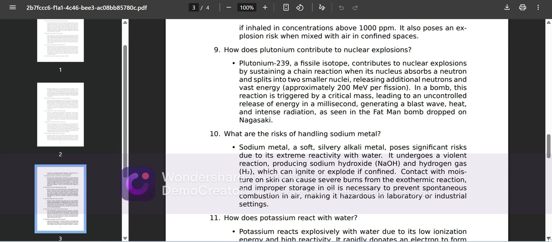How does plutonium contribute to nuclear explosions? Plutonium-239, a fissile isotope, contributes to nuclear explosions by sustaining a chain reaction when its nucleus absorbs a neutron and splits into two smaller nuclei, releasing additional neutrons and vast energy, approximately 200 megaelectronvolts per fission in a bomb.